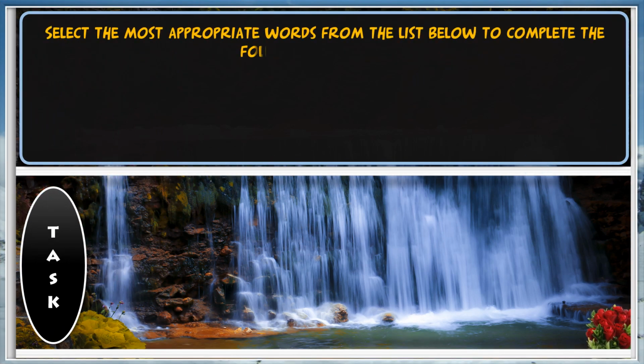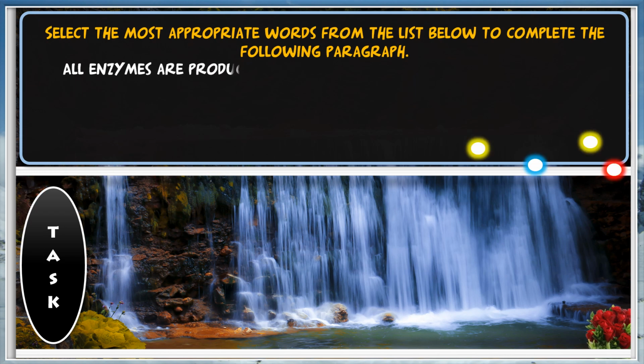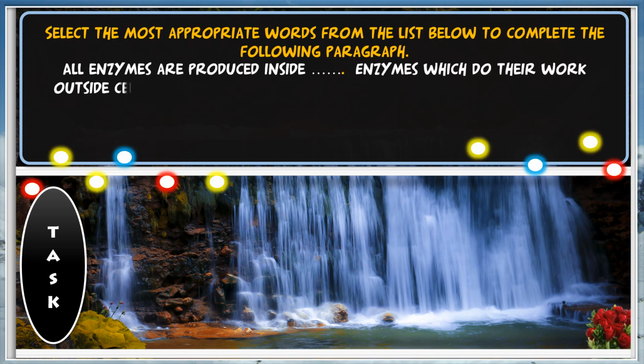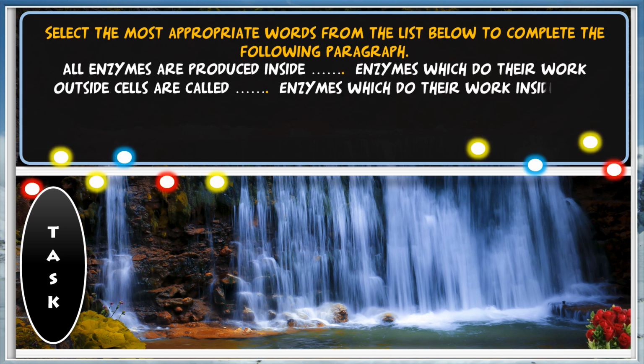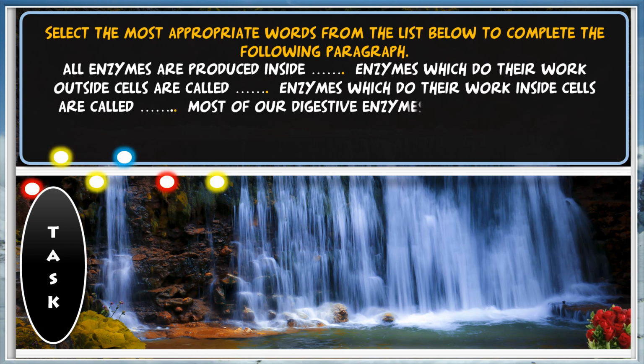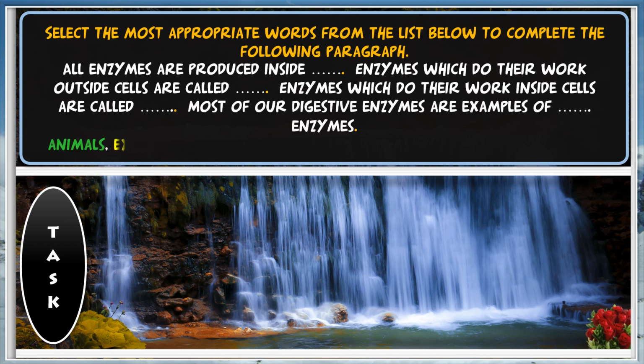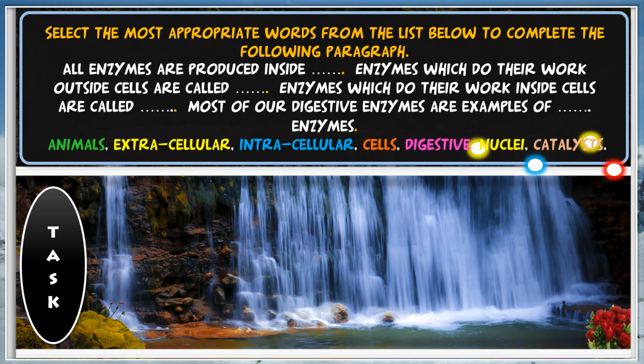Select the most appropriate words from the list below to complete the following paragraph. All enzymes are produced inside dash. Enzymes which do their work outside cells are called dash. Enzymes which do their work inside cells are called dash.